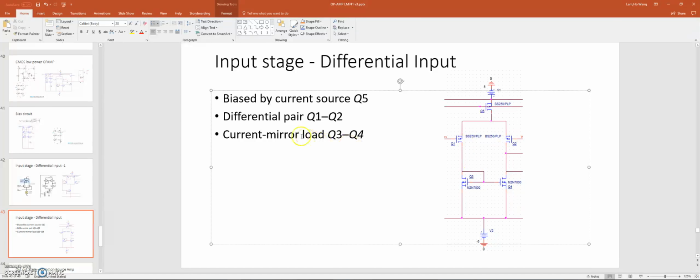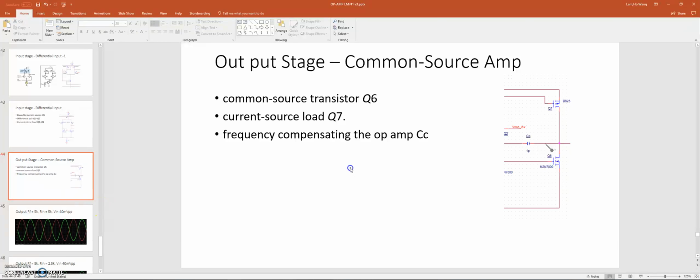Q1 and Q2 are the differential amp. Q3 and Q4 are the current mirror. For the output stage, Q6 is a common source transistor, and Q7 is a current source load, and we also have frequency compensation, Miller compensation, 1 pico.